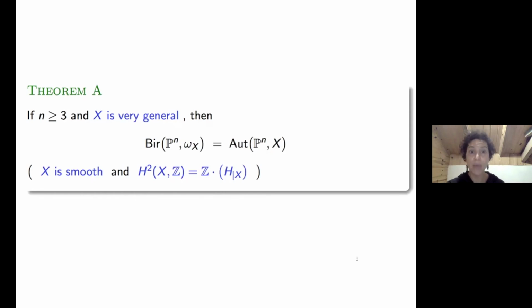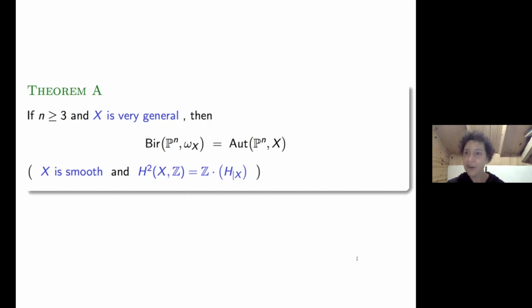So first of all, I want this hypersurface to be smooth. And second, I want this Lefschetz type property. So I want that the second cohomology group of X is obtained by restriction of that of the ambient space Pn. So these are really the conditions that I need for the theorem.